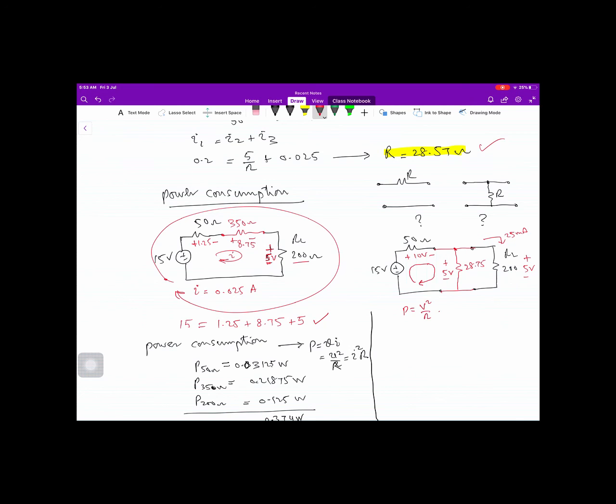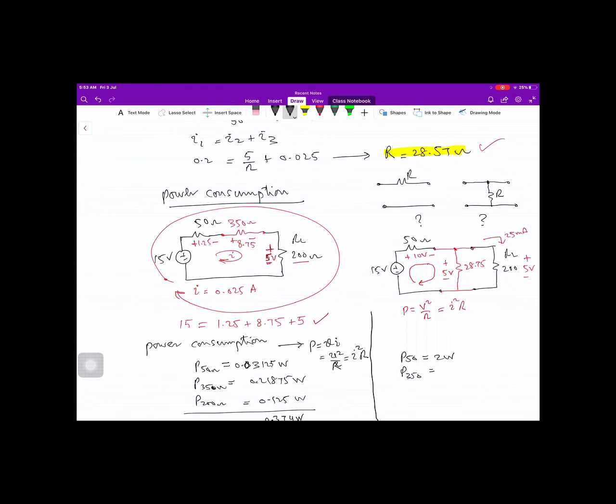Here we know the voltages, and we will compute the power, and this is V square over R. Note that we can also compute the power using I square R. So what is the power consumption in 50 ohm resistance? This is 2 watt, and what is the power consumption across 350 ohm resistance of the interface?